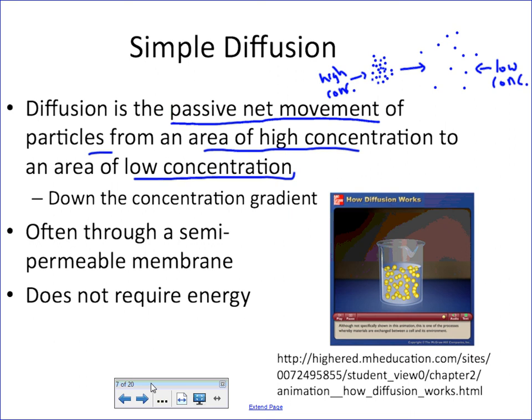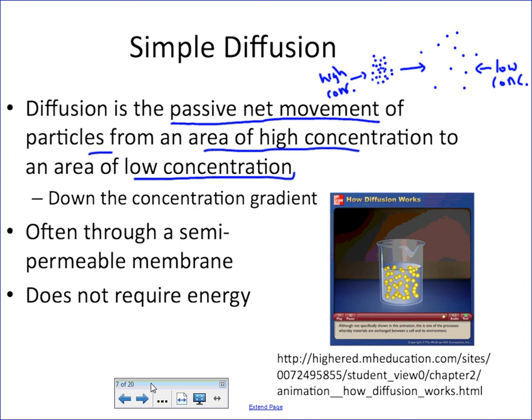There are plenty of examples of this all around us. For example, when somebody sprays Axe at the back of the classroom, initially you have an area of high concentration of those Axe particles, and then they will naturally spread to areas of low concentration, eventually moving from the back of the room to the front, and everybody in the room can smell that Axe scent.